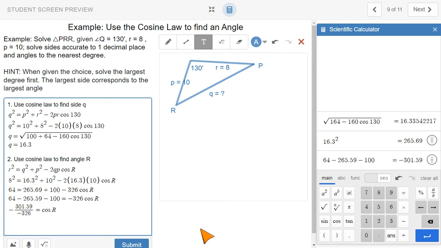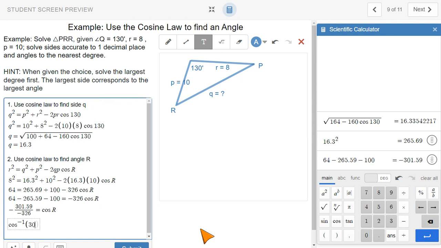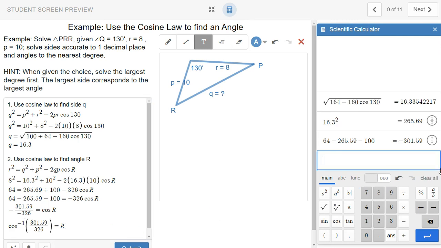Okay, let's continue to simplify. We're going to undo the cosine now. 301.59 over 326. I made it positive because the two negatives gave us a positive.